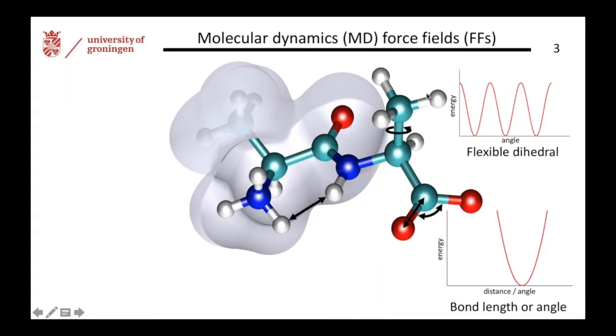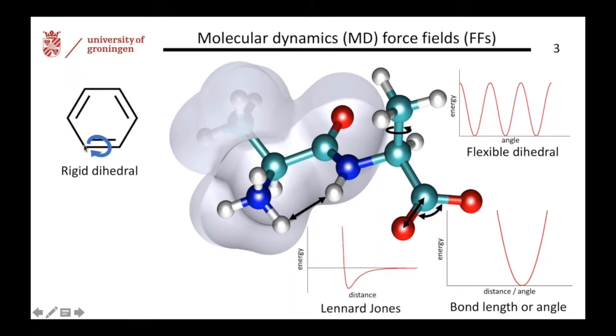And then we have flexible dihedrals. These are dihedrals that have multiple minima, so dihedrals that can freely rotate, as you can see here. Another type of dihedral are rigid dihedrals, and these have a single minimum, such as a conjugated ring. And we will get back to the difference of these two dihedrals later.